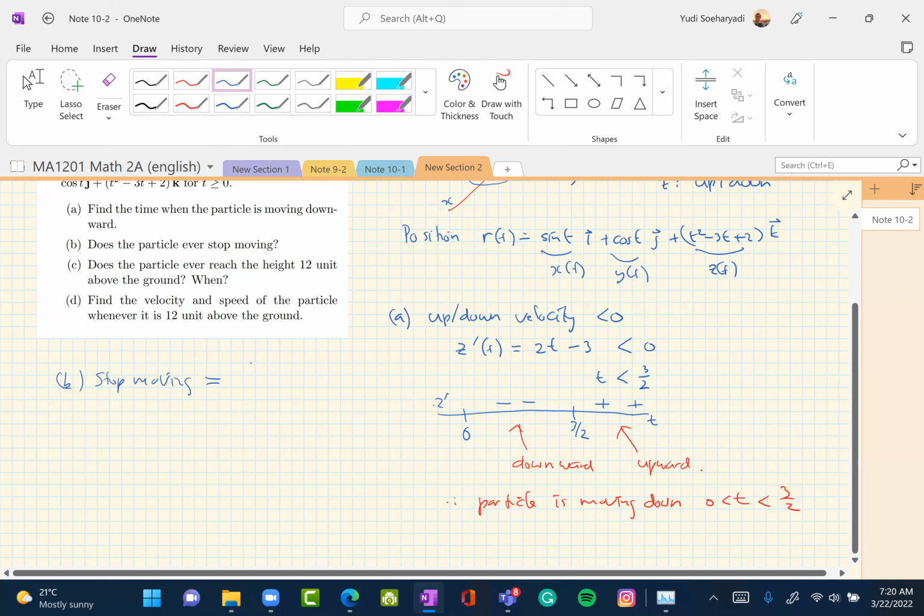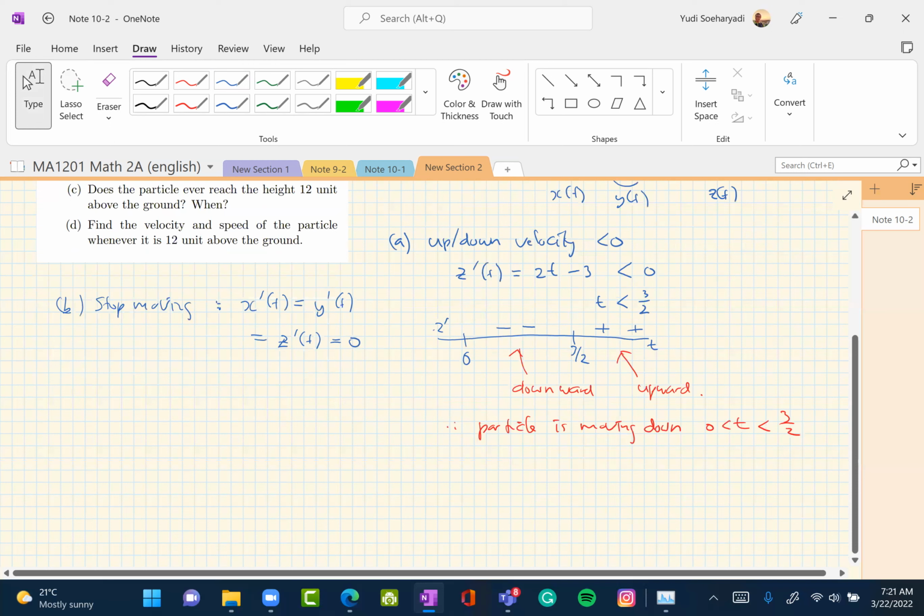Stop moving means all the speeds in all directions are 0 at the same time.